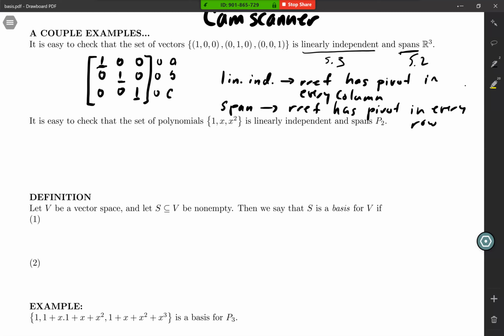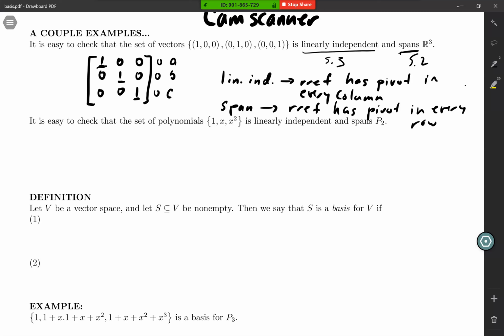Put in other words, linear independence says that if there's a solution, it's unique because I have a pivot in every column. I don't get any free variables. The pivot in every row says no matter what vector I try to put on the end, I can always solve it. So the linear independence part is what gives you the uniqueness of a solution. The span part is what gives you the existence of a solution no matter what. So there's an existence and uniqueness part embedded in this.